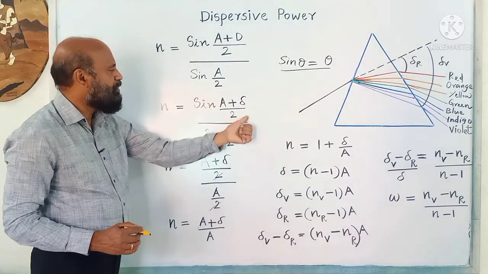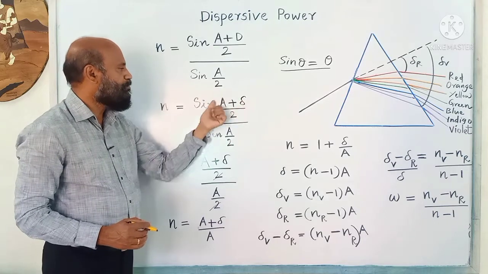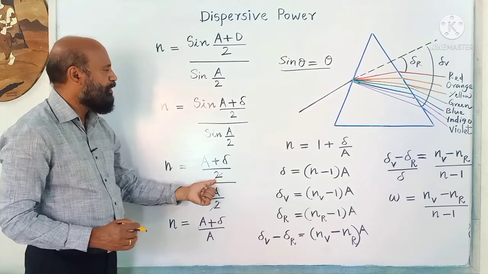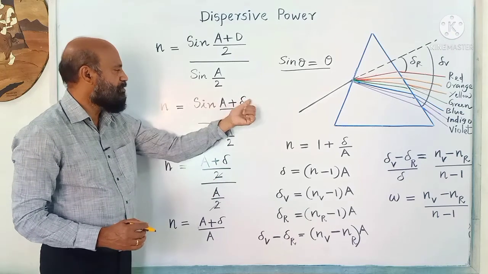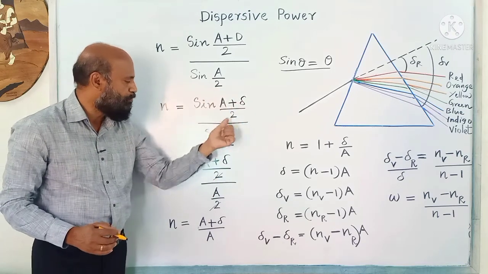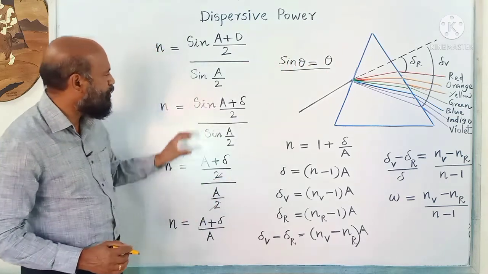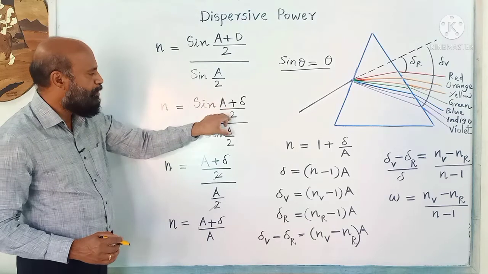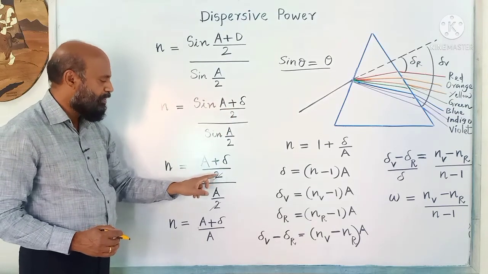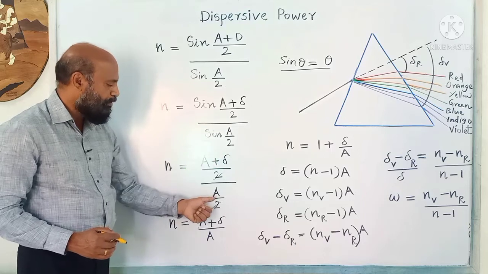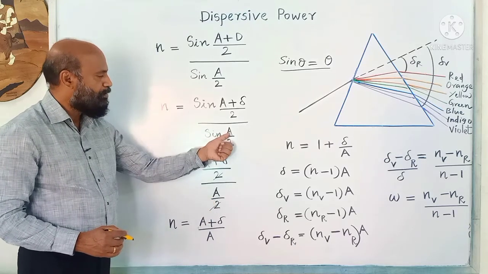Now sin((A plus delta)/2) is very small, so we can write (A plus delta)/2 for this, because sin theta is approximately equal to theta. Similarly, sin(A/2) will be approximately equal to A/2 when the angle of the prism is small.